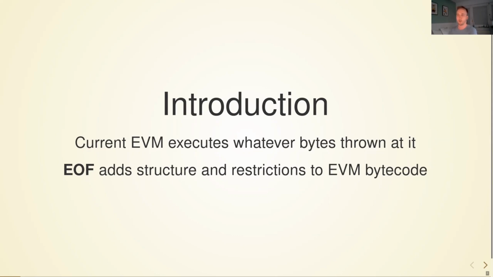The worst thing that can happen is that the EVM will return some failure, and this is still something that will happen on the blockchain. The EVM object format is proposed to add some additional structure and also introduce some set of restrictions to the EVM code, so we can get some benefits out of that.